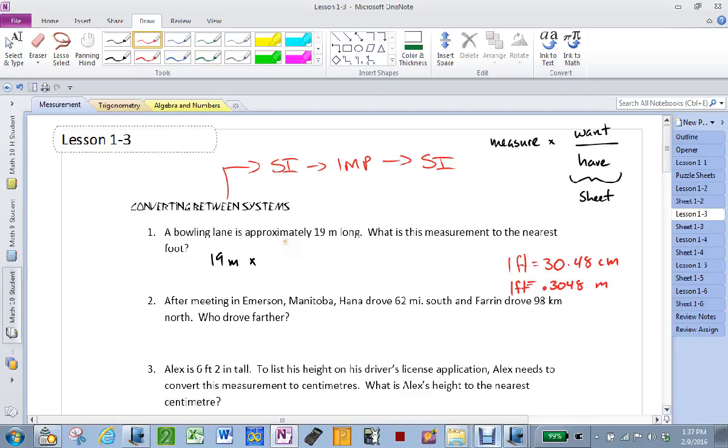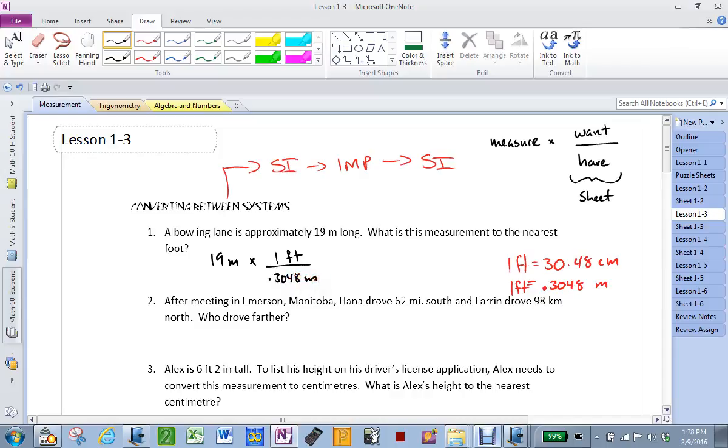So now, what do I want? Do I want meters or feet in this question? What measurement to the nearest foot? I want feet. So that goes on the top. 1 foot is 0.3048 meters. So 1 foot over 0.3048 meters.